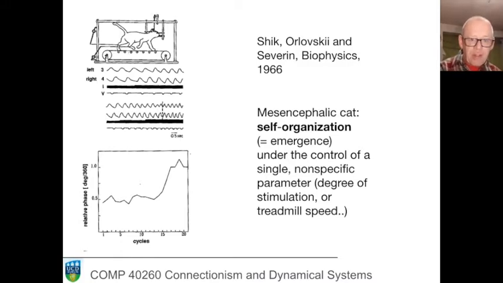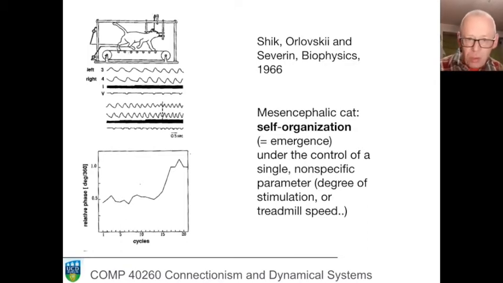That left these cats unable to walk or to move, and they were flaccid, soggy. Nonetheless, when a cat has been prepared like this, and don't do this, it's a nasty thing to do, what they found was that with a support under their belly, a cat like this can be placed on a treadmill, and the treadmill can be run at different speeds.